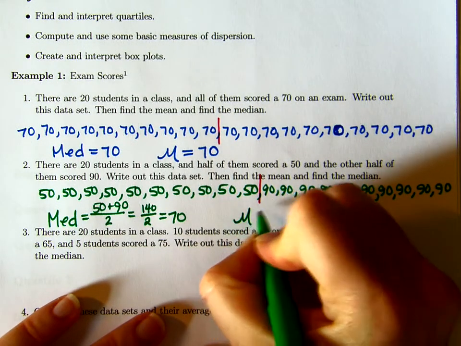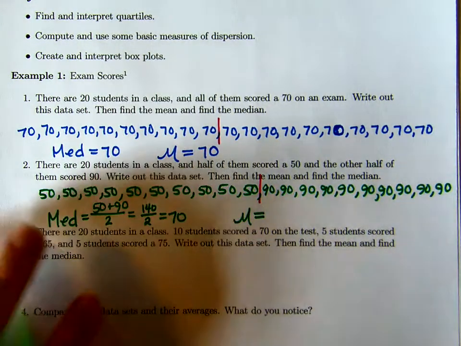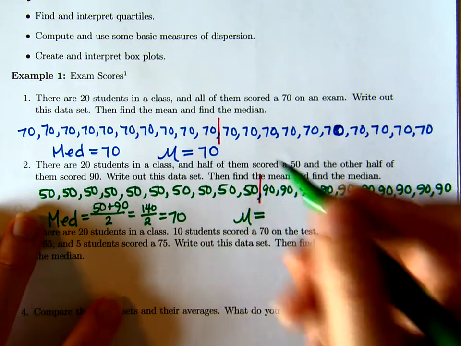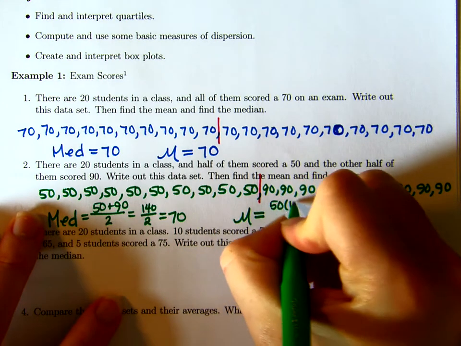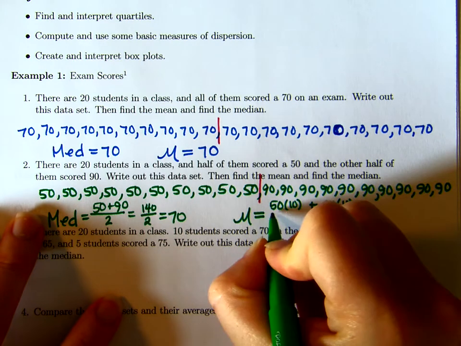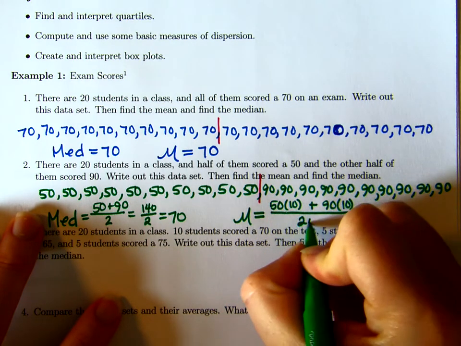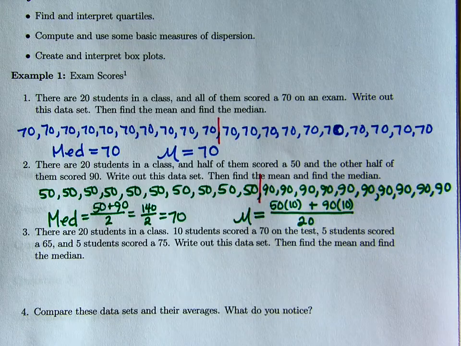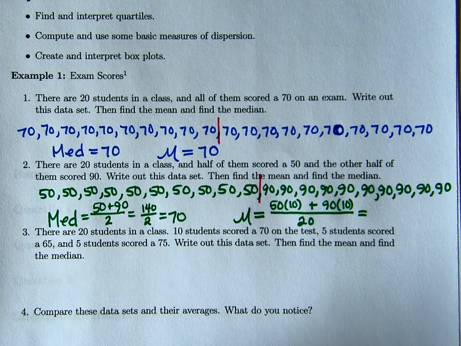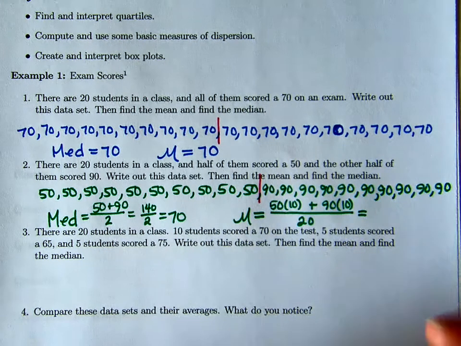And the mean is, well, we're adding 50 10 times, plus adding 90 10 times, and then we're dividing by 20. That's how many students there are. Okay, I'm going to get my handy calculator. 50 10 times plus 90 10 times is 1400.